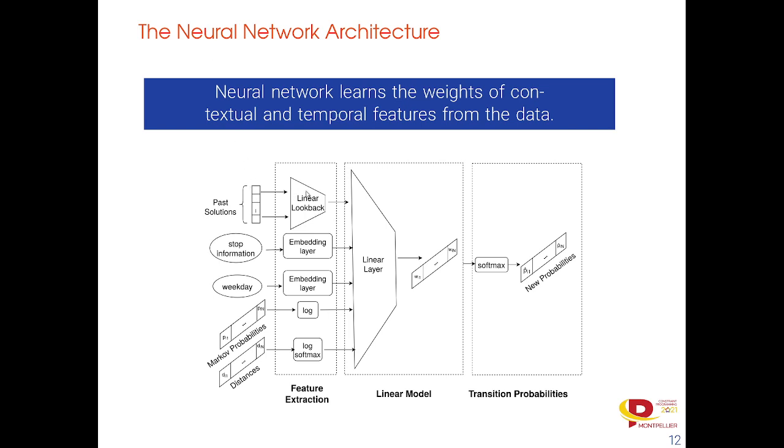So the idea is to learn the weights of the embedding layer as well as the weights of the linear block from the data, and that's why we train the whole model end to end. Now the structure of the linear layer and the softmax is the same as the previous slide.